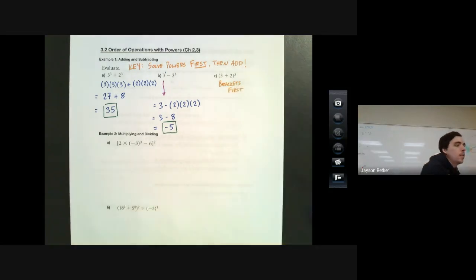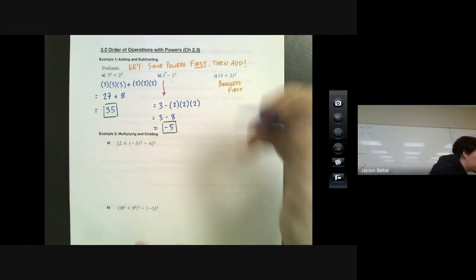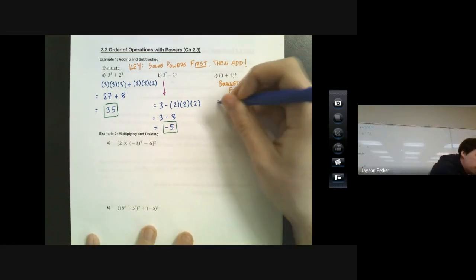We still follow BEDMAS, so we still do brackets first, and then we'll do our exponents. Right? We even did it in part B. We did our exponents first, and then we did our addition, subtraction, and in this case, it'll be division and multiplication. So inside of our brackets, 3 plus 2 is just 5.